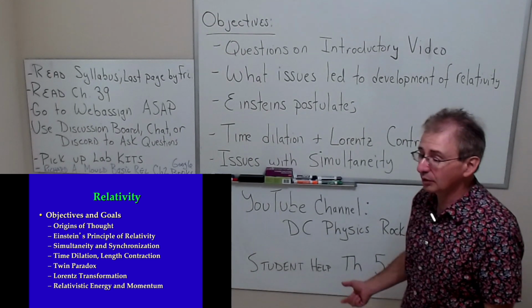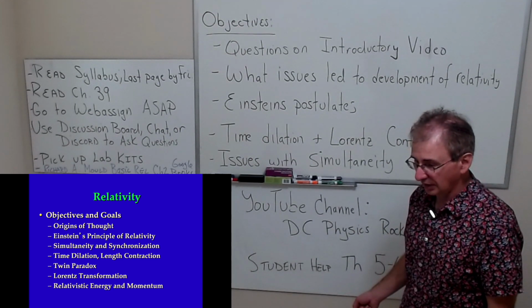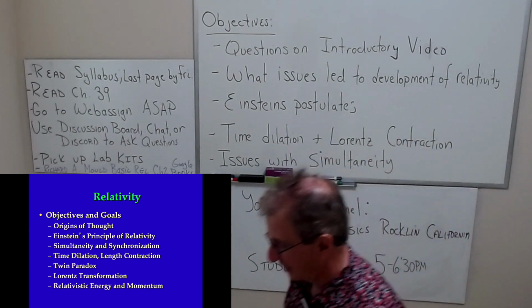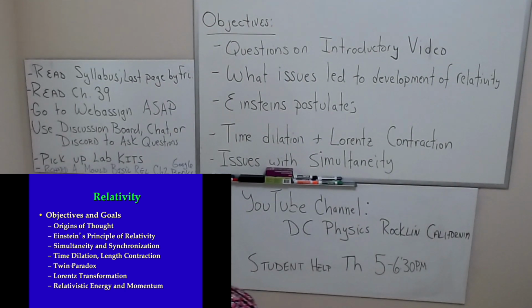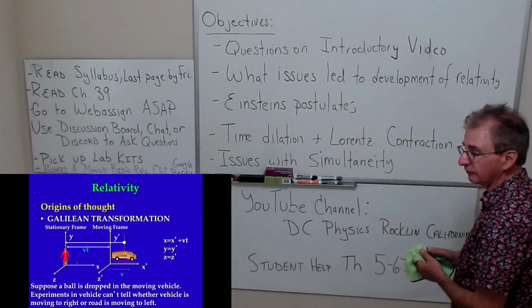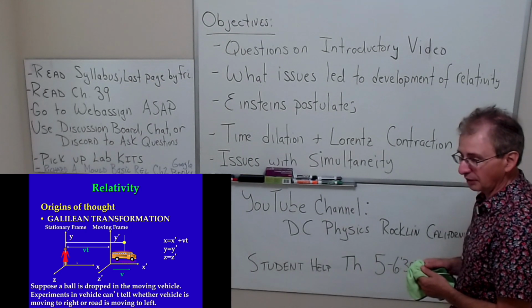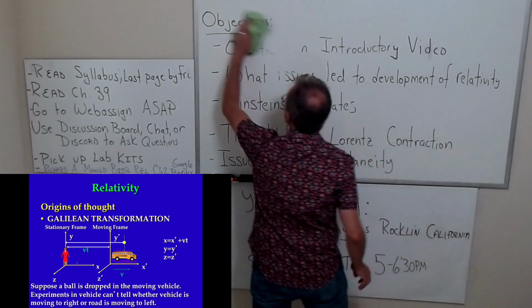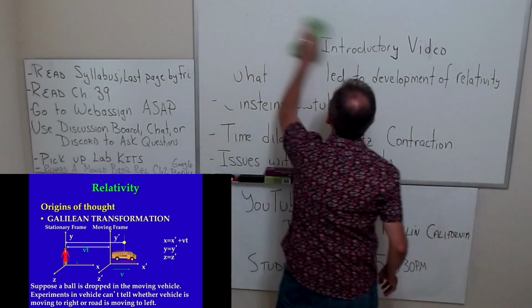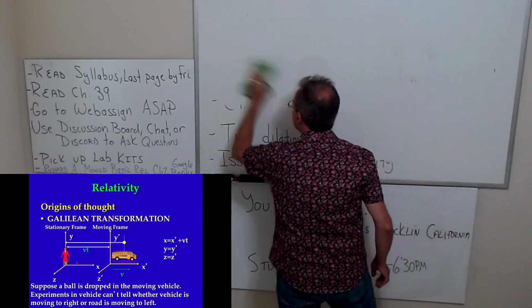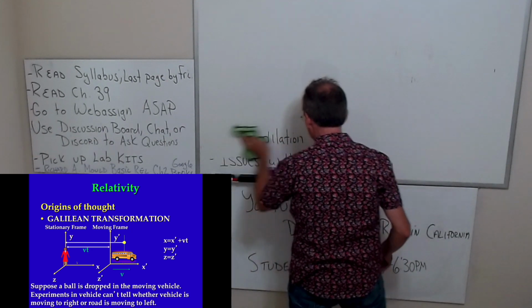I'm going to do a little bit of review of a topic that you probably barely covered in Physics 205, and then I'll talk about some implications of it. I want to talk about something you learned in 205 called the Galilean Transformation. Do you remember this? Don't remember it? Okay, I'm going to remind you of the Galilean Transformation. It's fundamental to this idea of relativity.